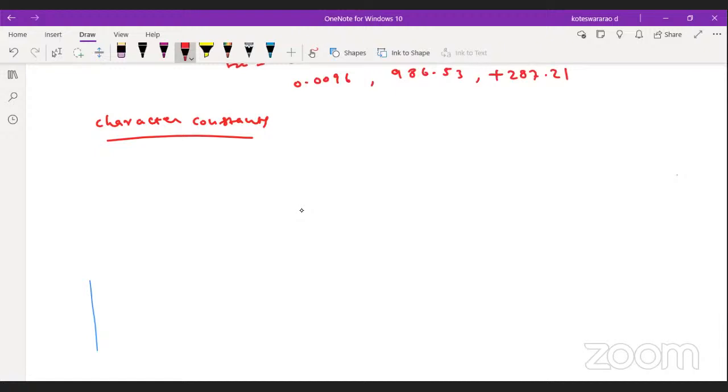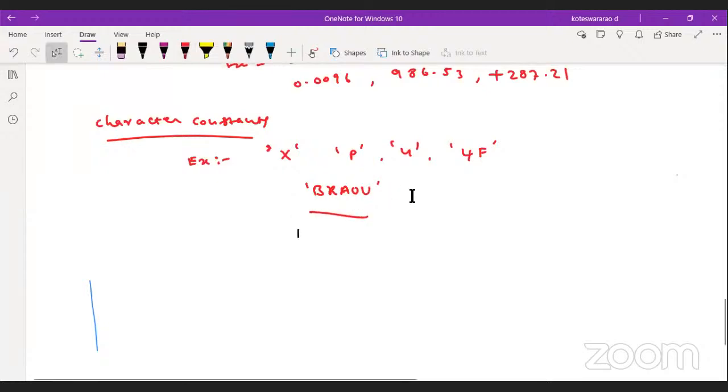Any English letter or digit quoted in single quotations is called a character constant. For example, 'X' and 'P', '4', '4F'. Whenever we put something in quotes, it is a character constant.